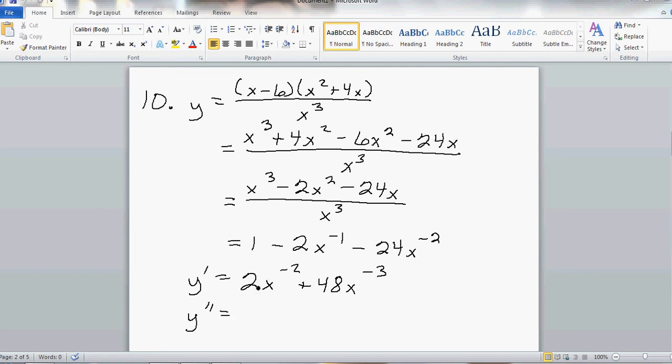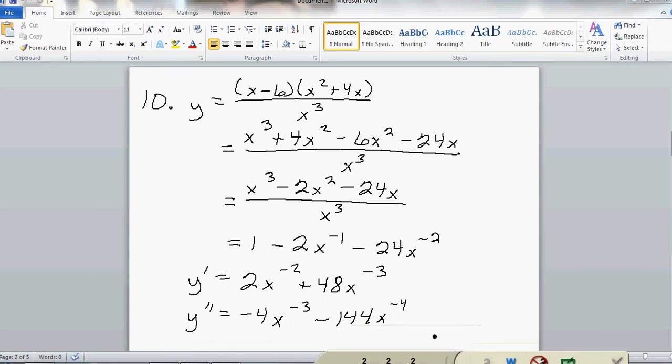Second derivative is just the derivative of the derivative. 2 times negative 2 is negative 4. Negative 4x to the negative third power because I subtract 1. 48 times negative 3 would become negative 144. Negative 144x to the negative fourth power.